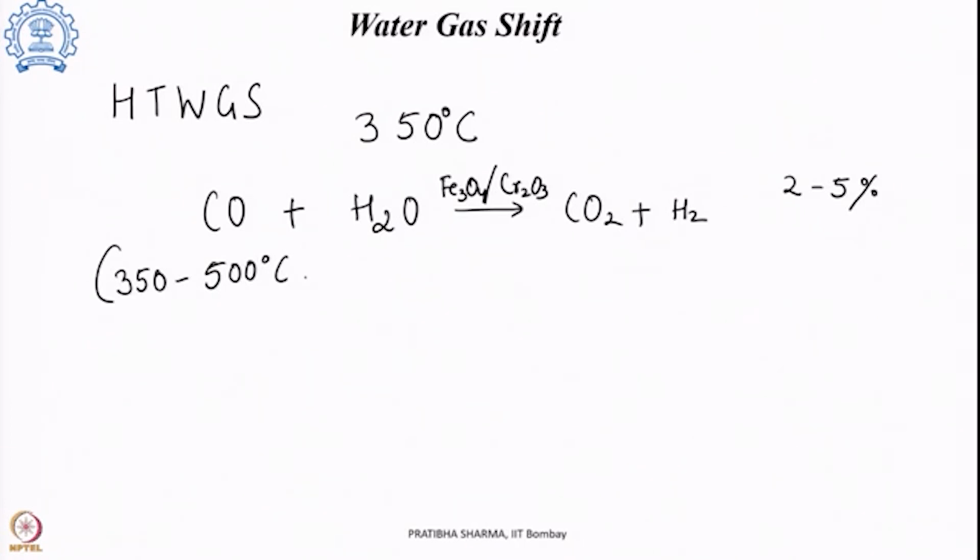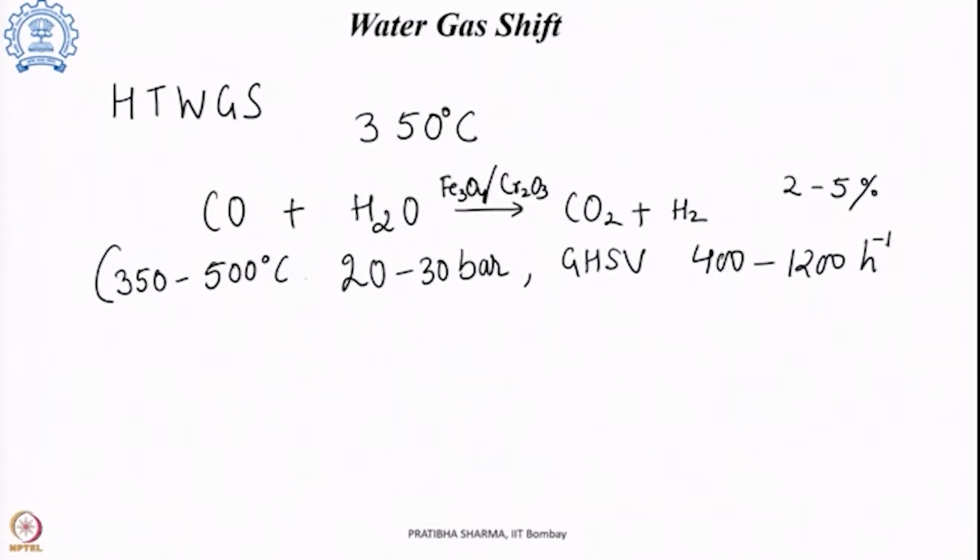Conditions are 350 to 500 degree centigrade, pressures of 20 to 30 bar, a gas hourly space velocity of 400 to 1200 per hour, with a residence time of somewhere around 3 to 9 seconds, and finally it could reduce the carbon monoxide content to 3 to 5%.